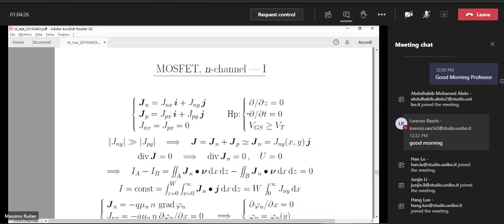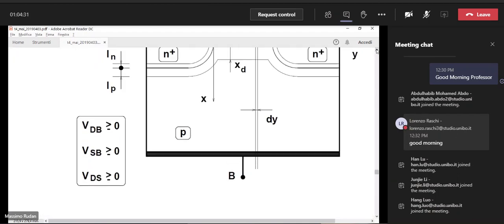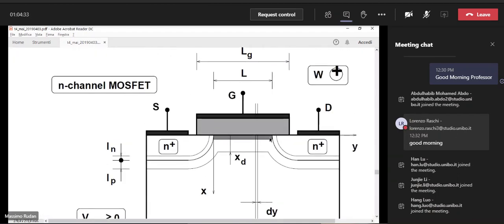Hypothesis number 3, we assume that at each position in the channel, so at each point y between 0 and L, the channel is in the strong inversion condition. So we have a concentration of electrons corresponding to strong inversion, okay? When that happens, we say that the channel is well-formed.